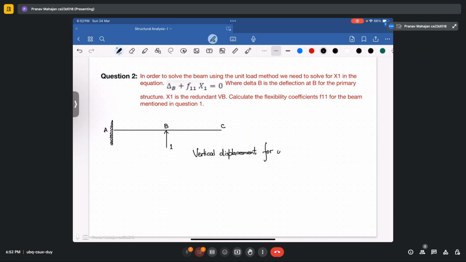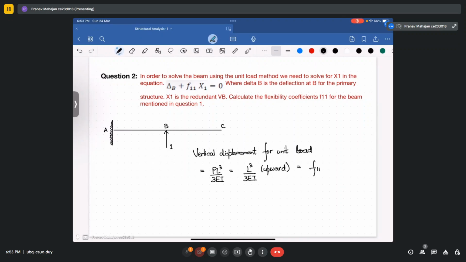For this case, we already know that it is PL cube upon 3EI, so that will be equal to L cube upon 3EI. And this is occurring in the upward direction. Okay, so this is your F11.